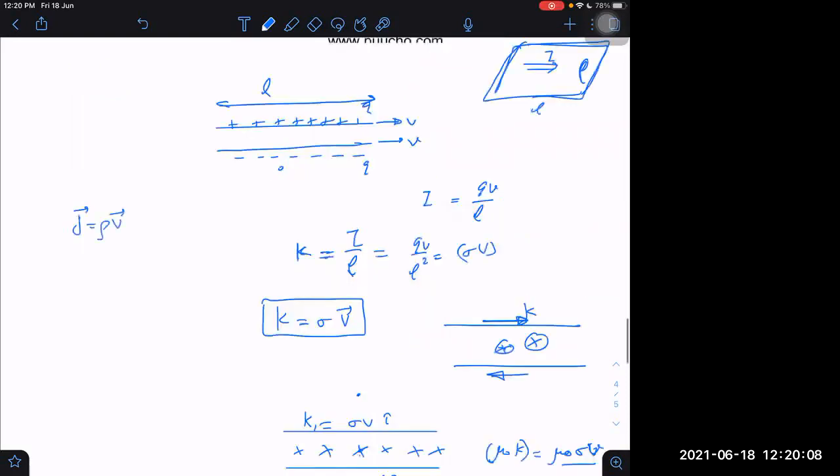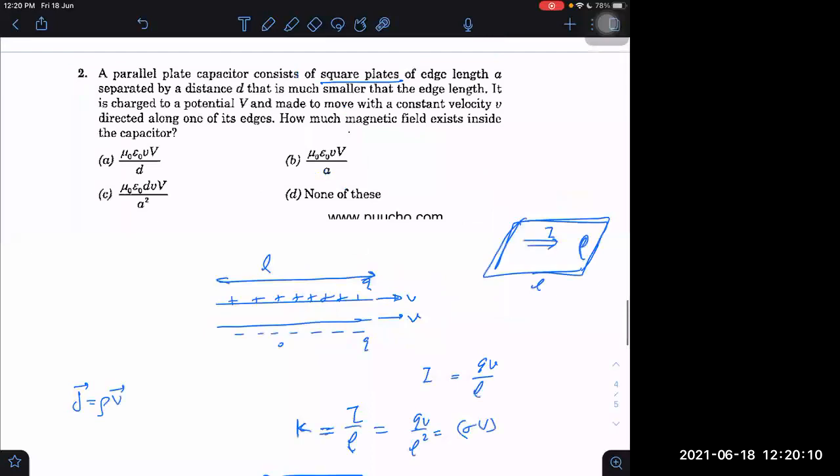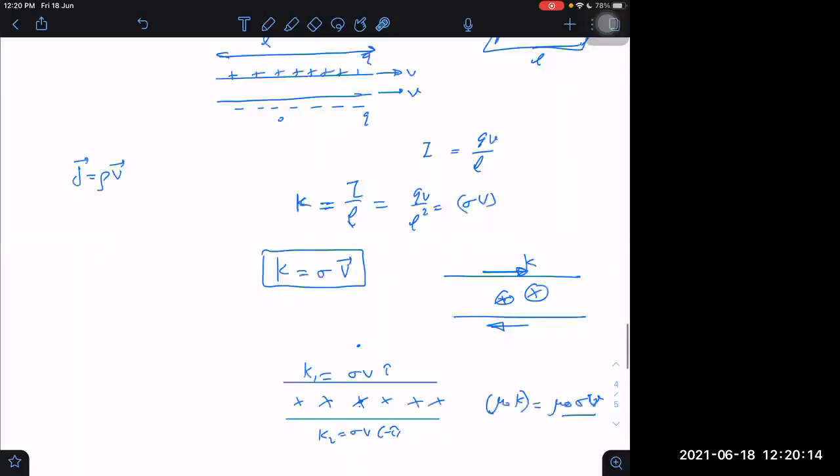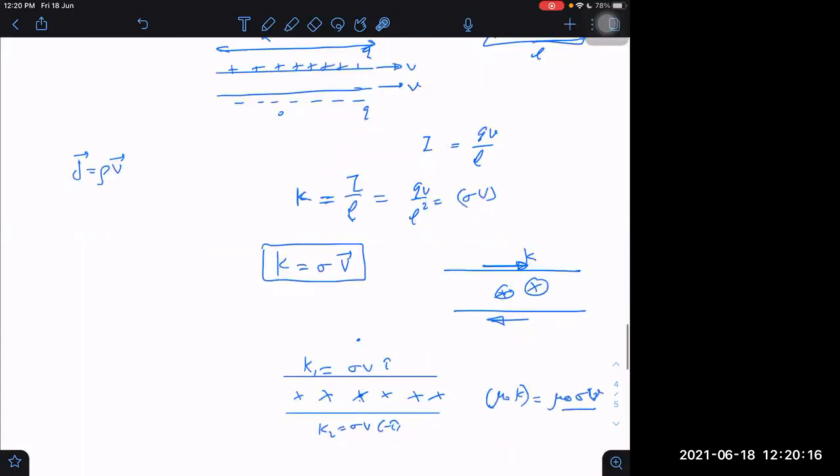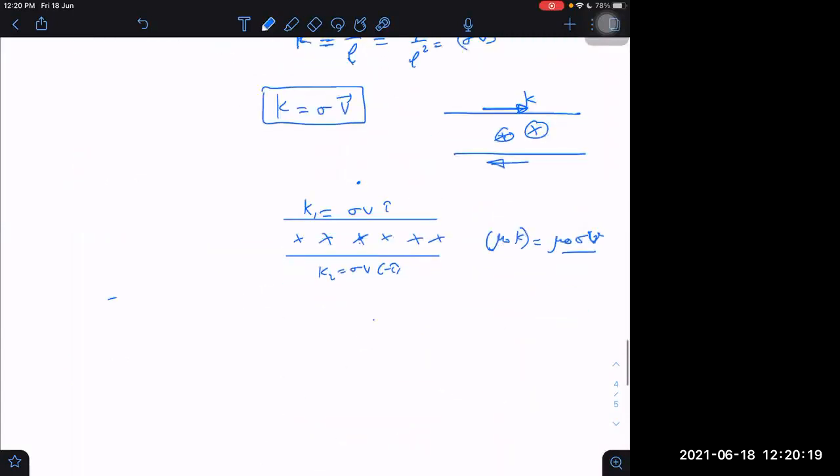What are they asking here? How much is the magnetic field? Okay, we can get sigma. Sigma is equal to charge upon area. Charge is equal to C into V upon area.